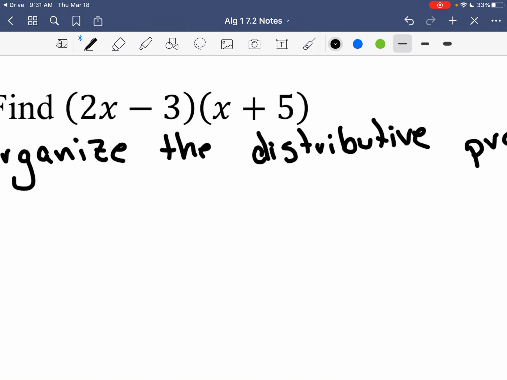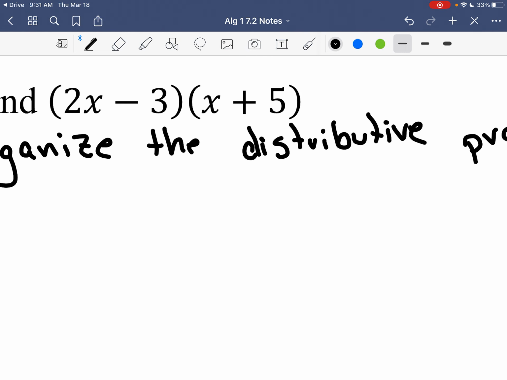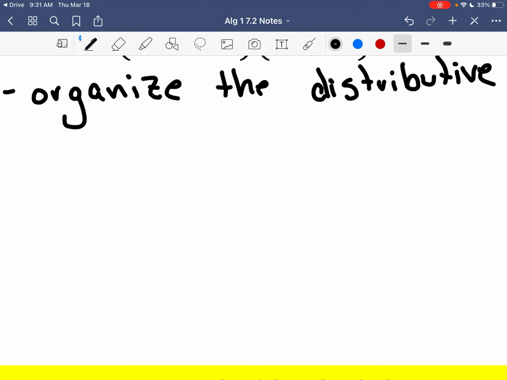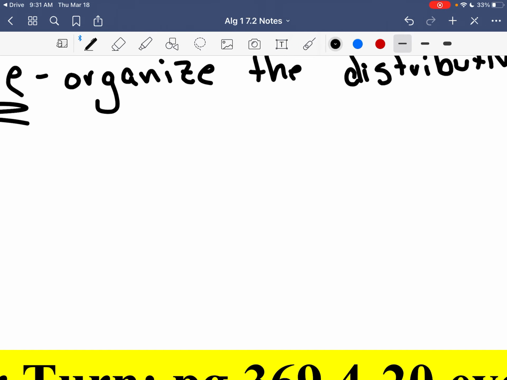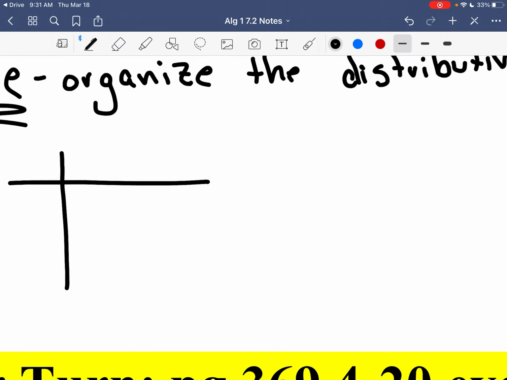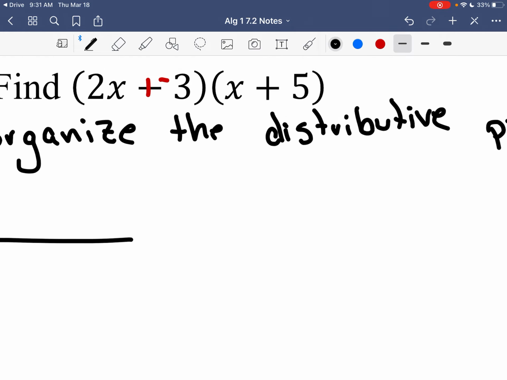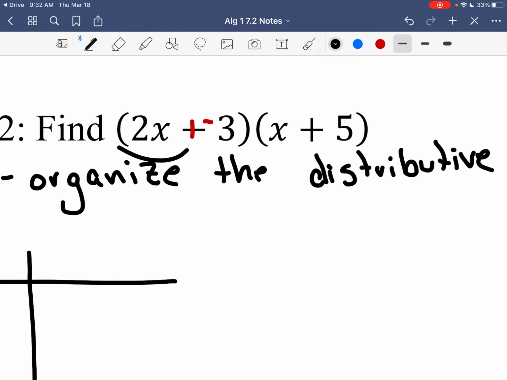So first we're taking, again, 2x minus 3 times x plus 5. I'm still going to rewrite this subtract as plus a negative. And now I'm going to create a table. I'm going to draw a vertical line and a horizontal line, and I'm going to write each of these in one spot. It doesn't matter which way you write it, but I'm going to split this up into 2 monomials.